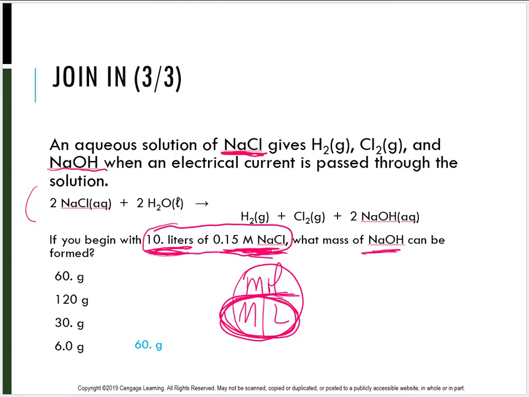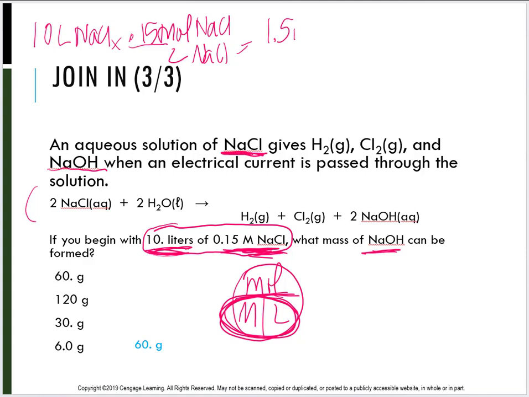So let's do that first. 10 liters of NaCl times 0.15 moles per liter of NaCl gives me 1.5 moles of NaCl. All right, once we have moles of something, we can get to moles of something else, and we want to get to sodium hydroxide. So let's do our mole to mole ratio.